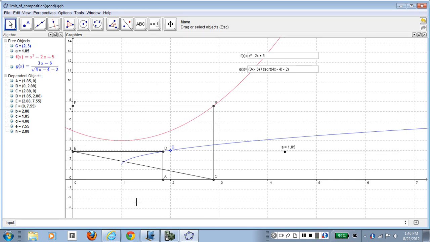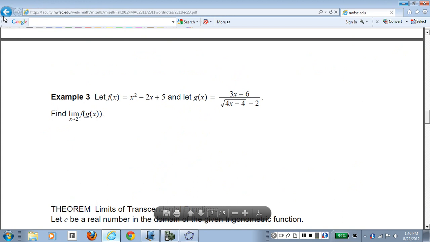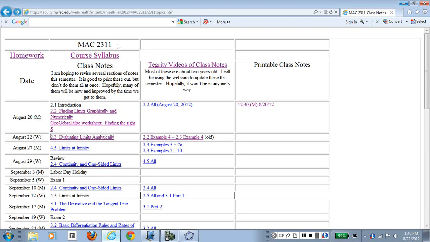Well, back to example 3, when exactly does 3x minus 6 over the square root of 4x minus 4 minus 2 equal 3? The limit, we did that last time, and we're going to do it again today.